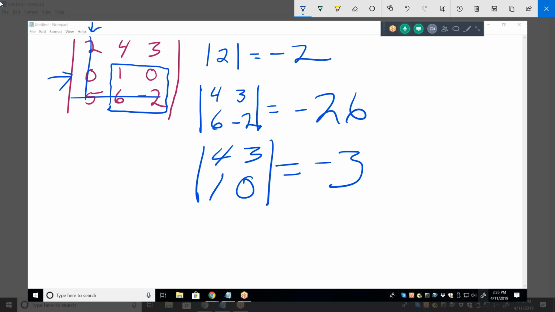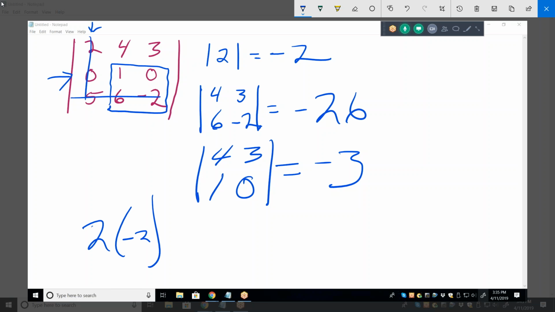Okay. I see what's going on. So you take 2 times the determinant of the minor, correct? So that's the first step, is 2 times the determinant, or times minus 2.